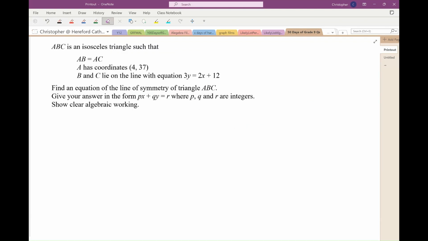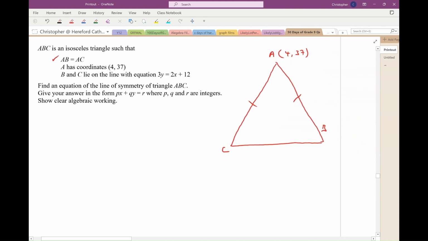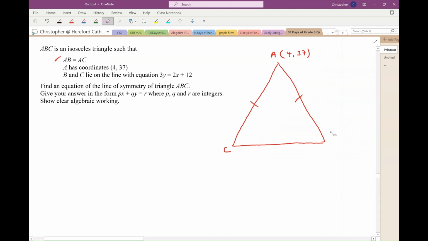Question 35. Right, looks like coordinate geometry. ABC is an isosceles triangle such that AB equals AC. Let's draw a diagram, shall we? So we've got A, B, C. AB equals AC. A has coordinates (4, 37), and B and C lie on a line with equation 3y equals 2x plus 12.